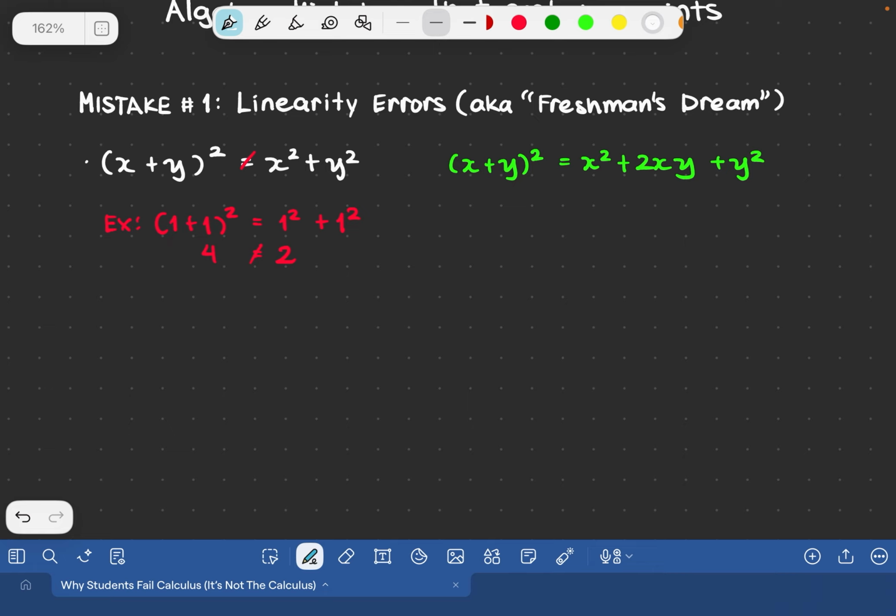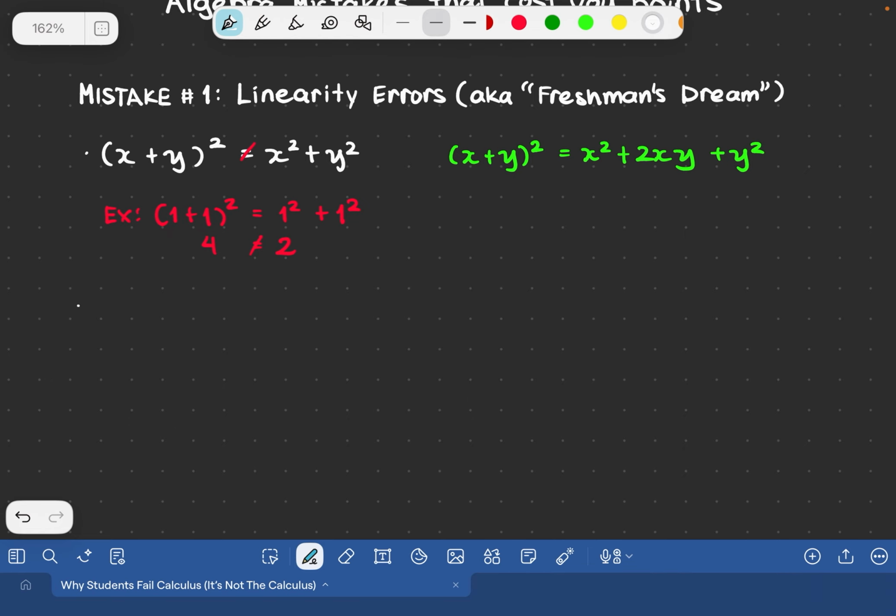Other forms of this include the following. Let's say we have here the square root of x squared plus y squared. Another common error that students do is that they distribute the square root on both the terms.